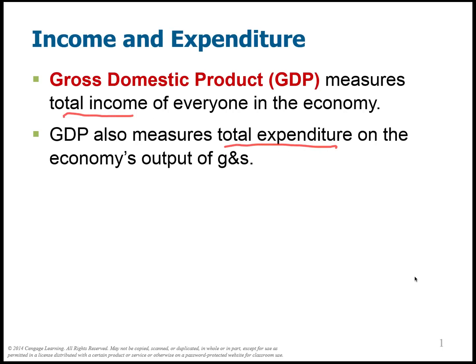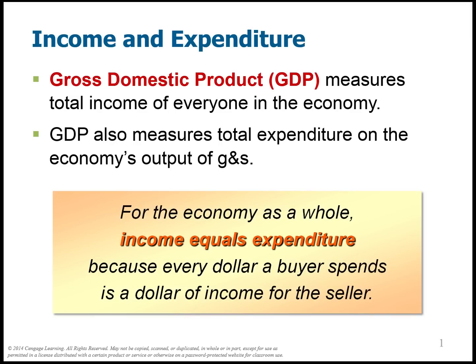So this is a really cool shortcut that economists devised: the total income is equal to the total expenditure at the economy-wide level. So if I want to understand the domestic product, I can either measure the income or the expenditure, because of this point that I just explained, that income equals expenditure when you look at the economy as a whole.